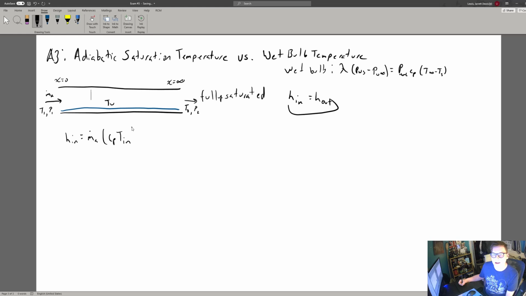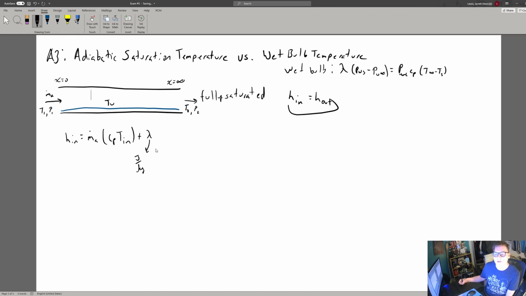And then we're going to have to add the heat of vaporization. We need to make a note here that this heat of vaporization is in joules per kilogram. In the previous example, our heat of vaporization was in joules per mole. And so then we're going to multiply it by the pressure and the molecular weight of the water.